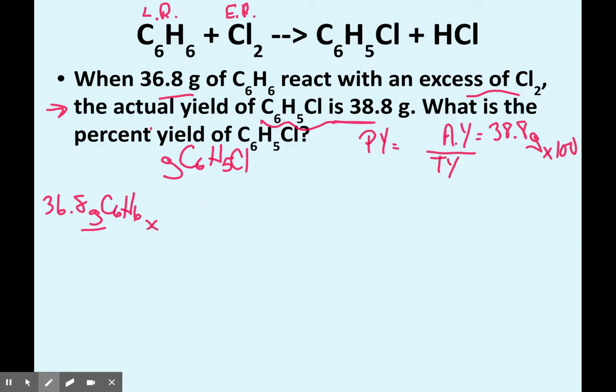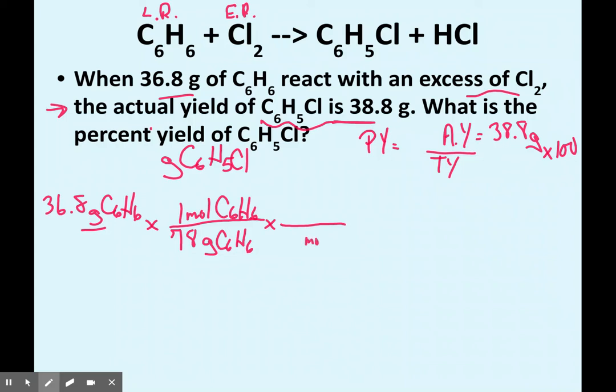So let's go ahead and do that part. So we're starting with grams of C6H6. We have to go to moles of C6H6. The mass of the C6H6 is 78 grams. And again, you get that from the chart.